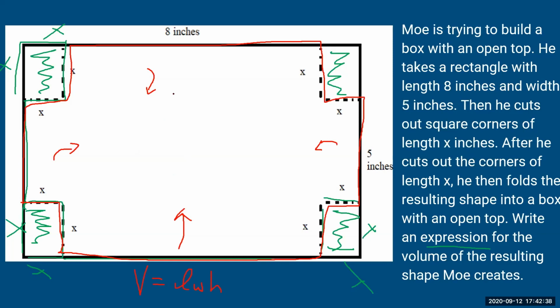Well, the rectangle is 8 times 5, which is 40. Mm-hmm. And then that square's length is x, and then x squared is the area of one of them. Yep. There's 4 of them. Yep. 4. Yeah. That's good. Very nice. That's exactly how I would have done it.